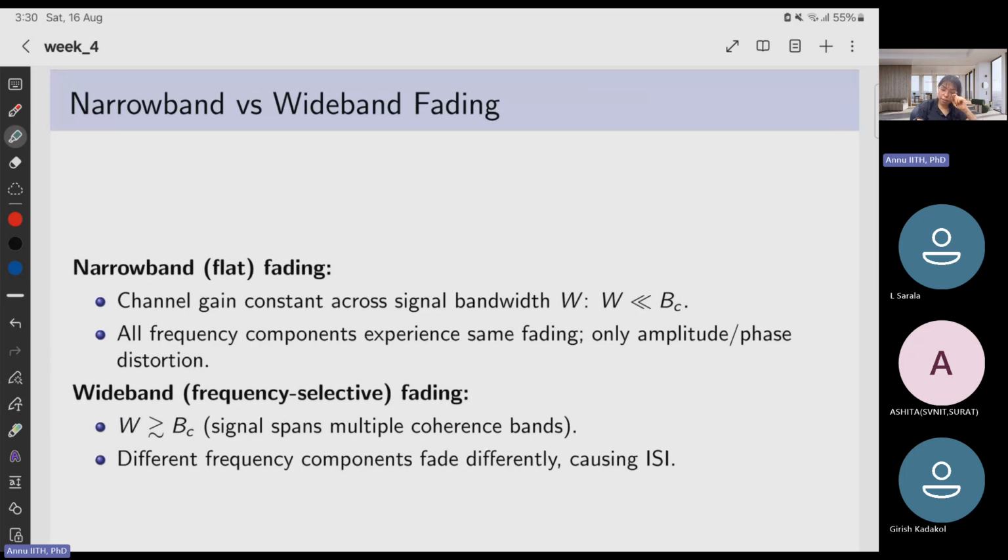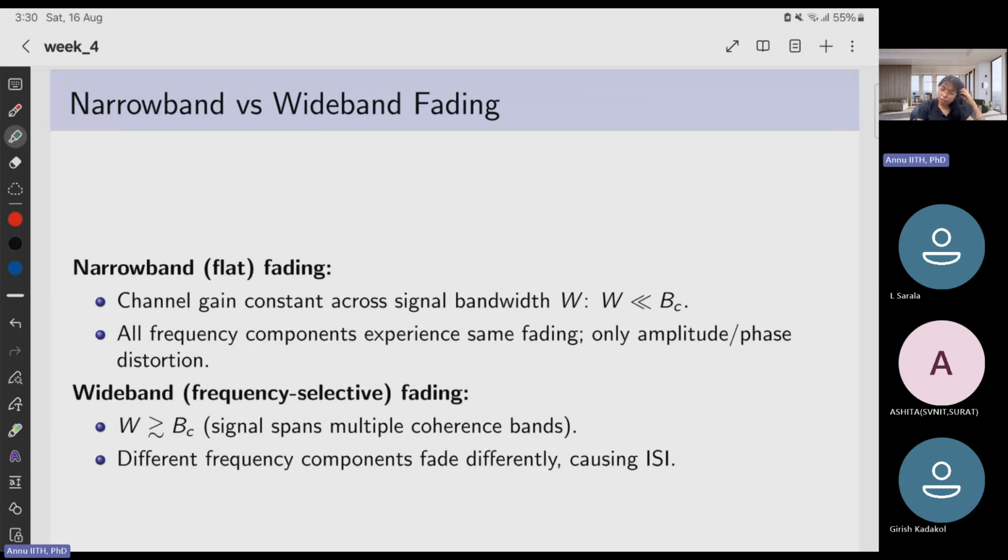If it is less than that, then the channel gain is very constant. All frequency components experience the same fading, and only phase and amplitude distortion will be there. Then it is called narrowband fading.